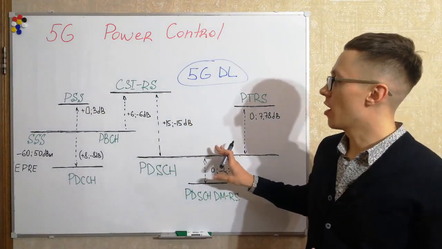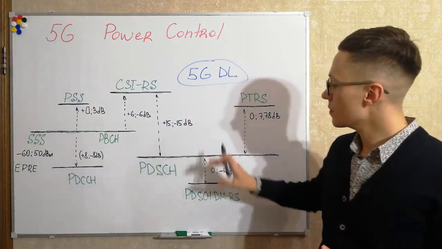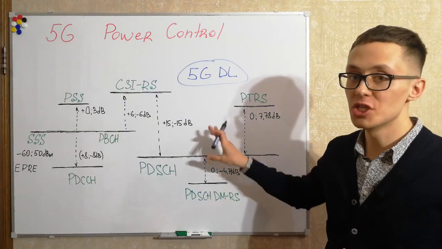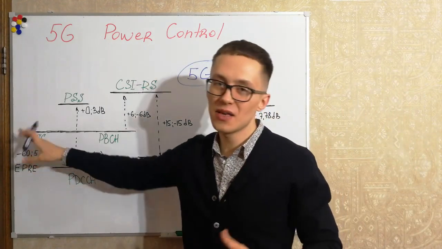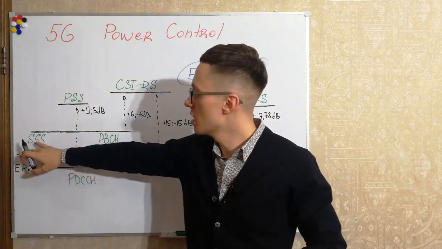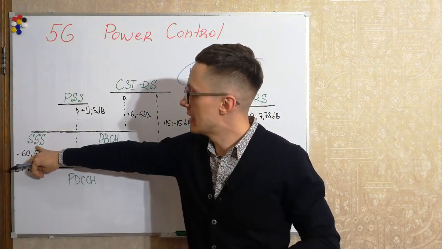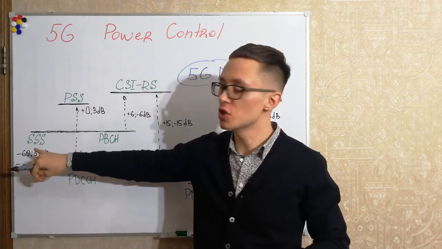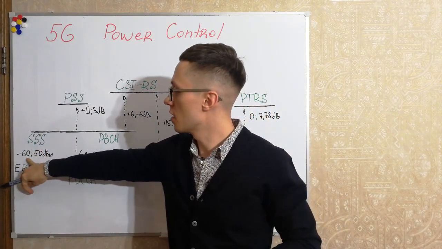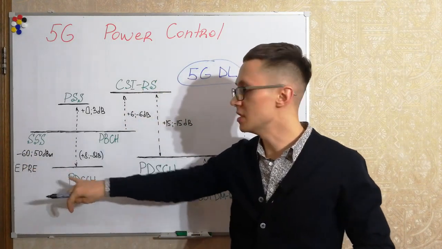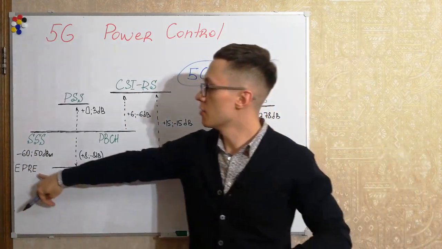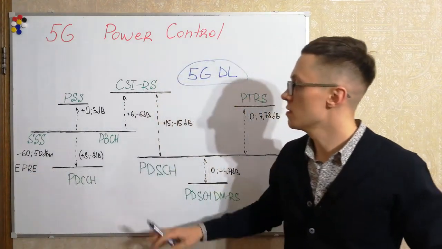Let's look at this diagram. This is relevant for 5G downlink signals. Basically, as a kind of reference, we can take the secondary synchronization signal with a range from minus 60 to plus 50 dBm energy per resource element.